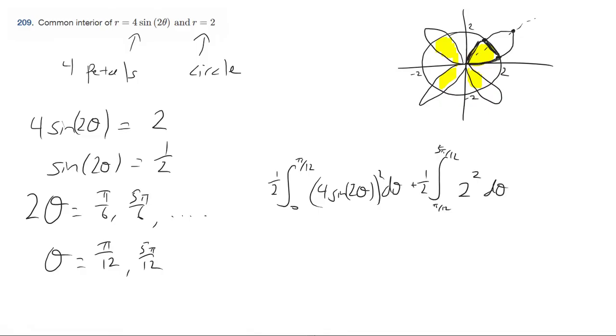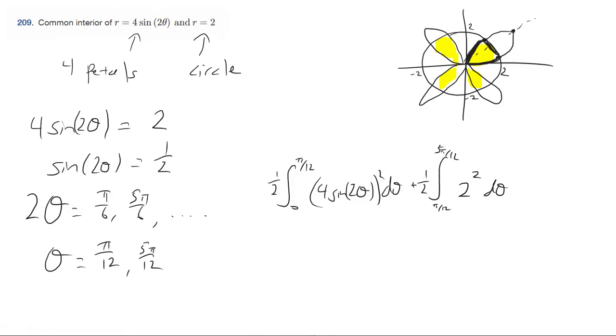And then plus, I'm not going to write it because, as I hinted at earlier, the area bounded by this part of the petal, from 5 pi over 12 to pi over 2, is the same as the area from 0 to pi over 12.